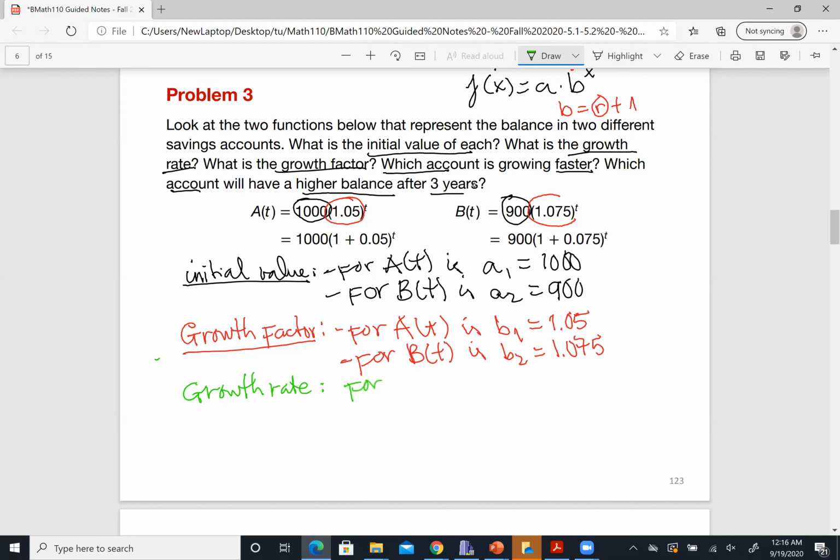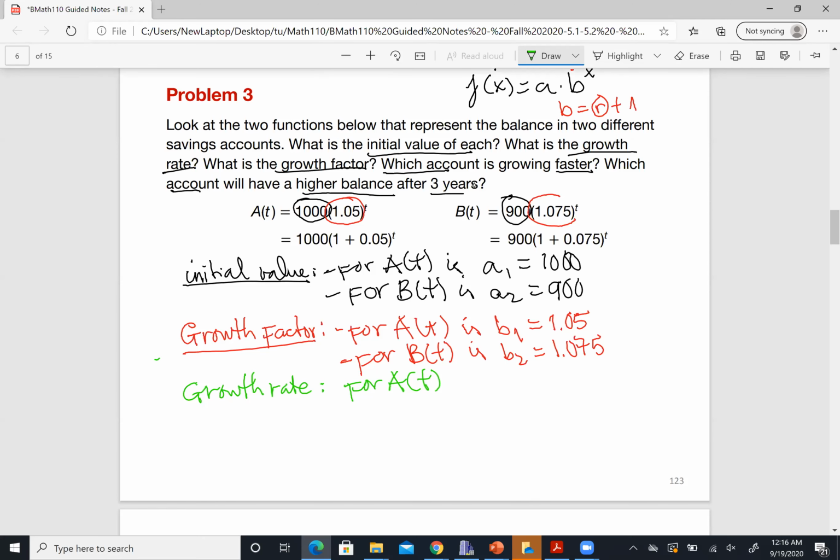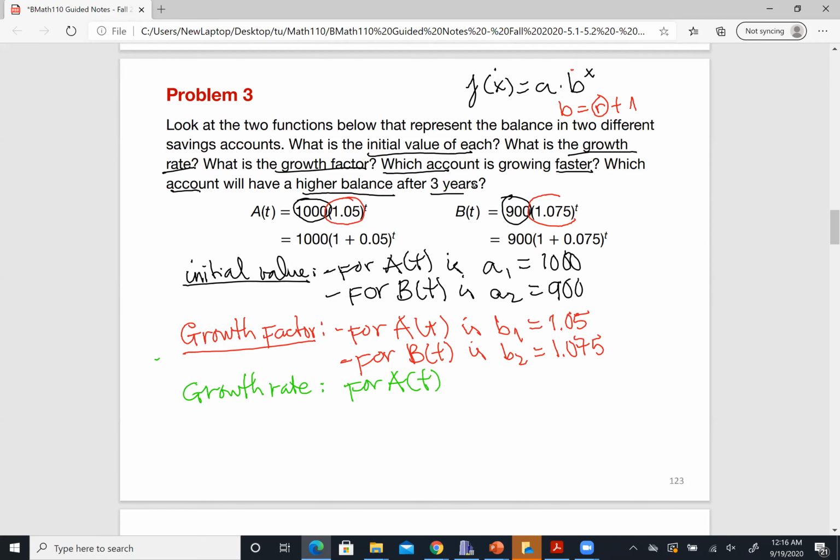For a of t, I may have to do the side work here.